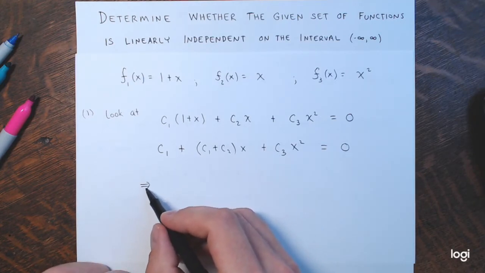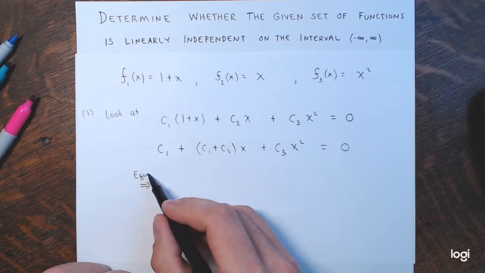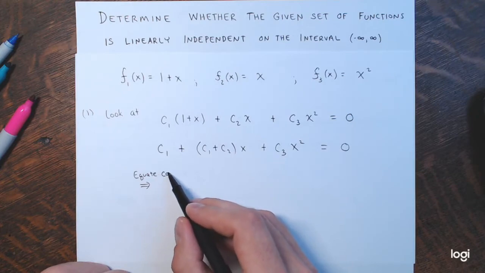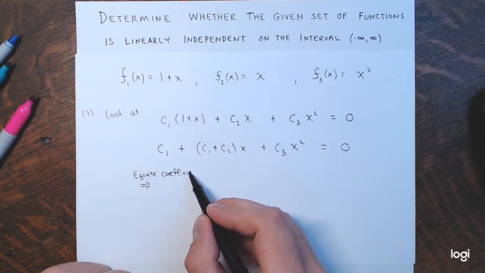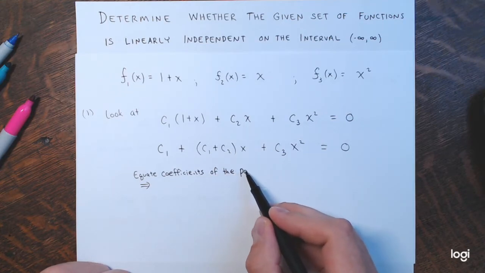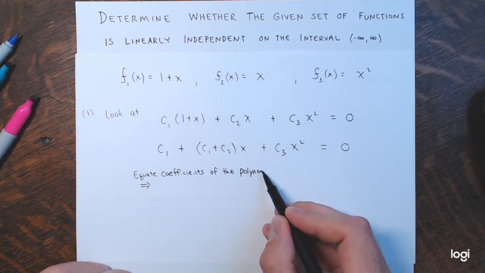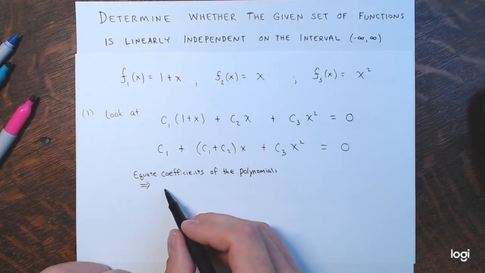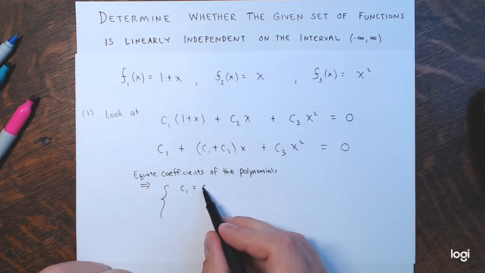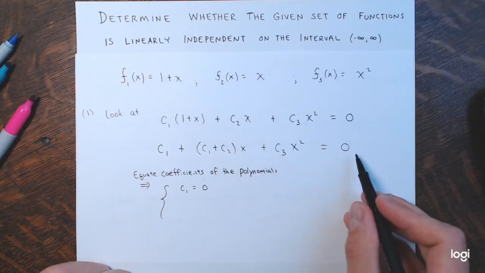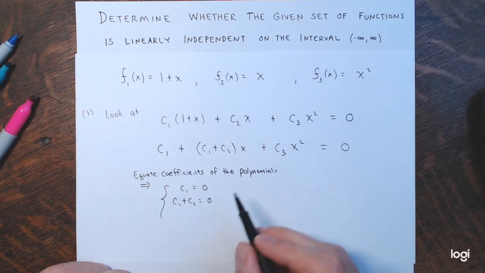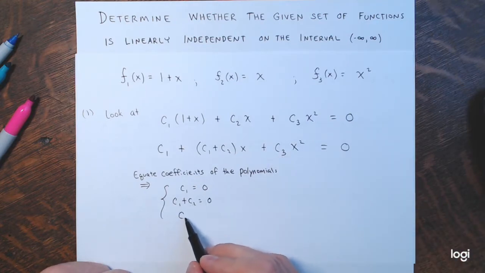So equating coefficients of polynomials here, and again, the only reason I'm doing this is because these are polynomials, I have the following system. We have c1, then the constant terms must be the same, so c1 must be 0. The linear coefficients must be the same, so c1 plus c2 must be equal to 0 as well. And the quadratic coefficients must be the same, so c3 must be equal to 0.